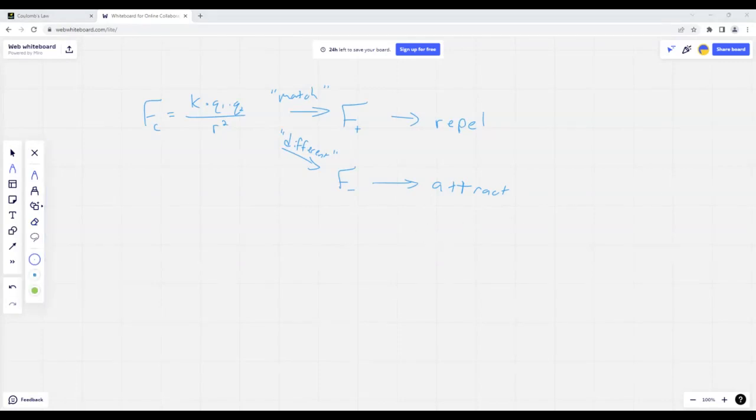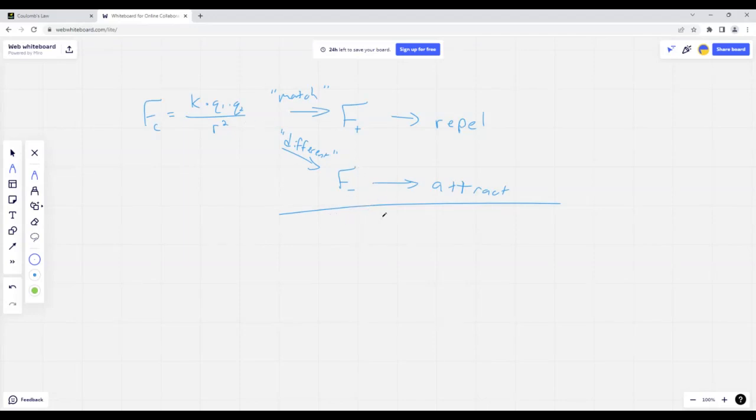Okay, then a couple of other things that we can pull from this. If we're trying to maximize or minimize this answer, then we can think about what the different variables will do. So like I said earlier, K is a constant, so that's not really going to play into the first part of this. But if I want a bigger force or a smaller force, then I can change my different variables.